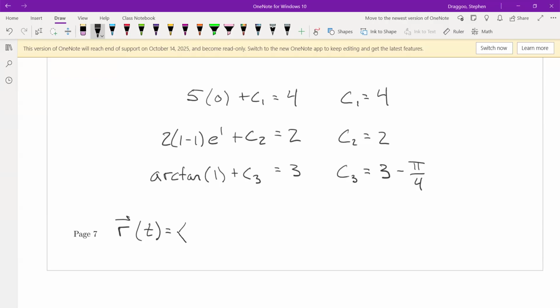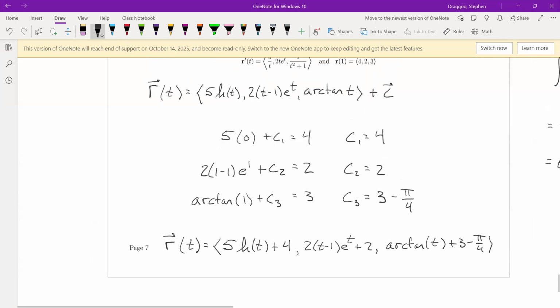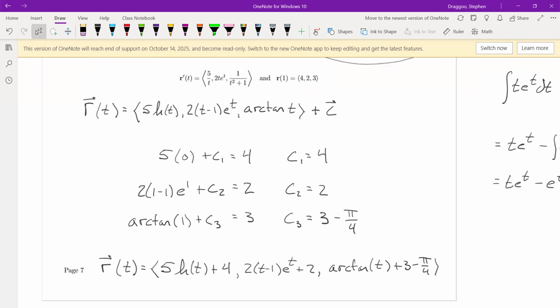It is the vector 5 ln of t plus 4, 2 times t minus 1 e to the t plus 2, and arctan of t plus 3 minus pi over 4. Zoom back out to try to put all of that on the screen. And there we are.